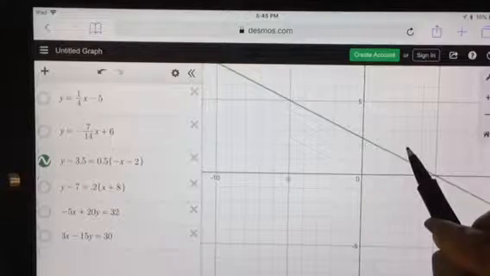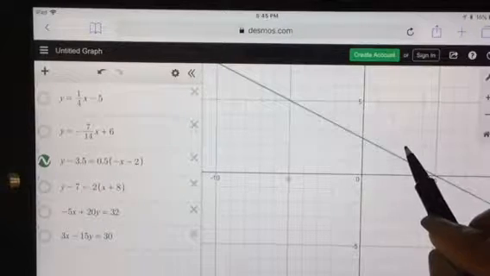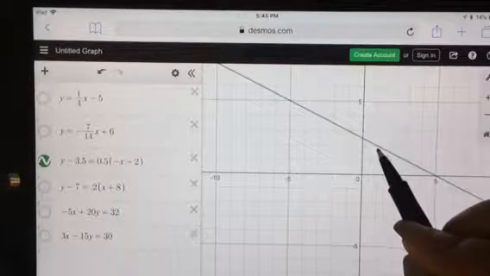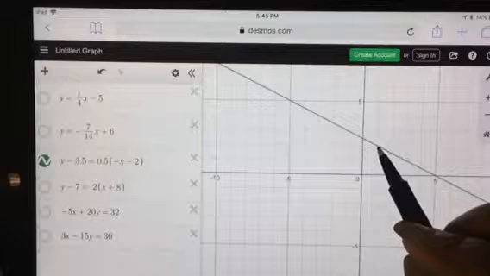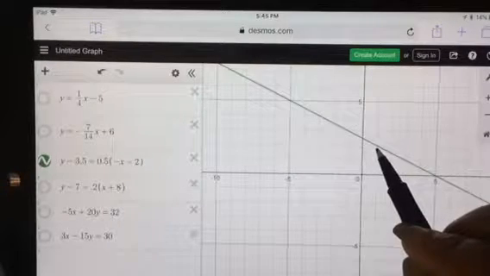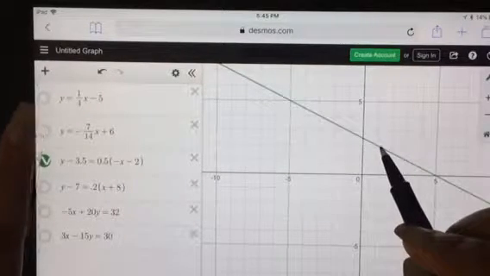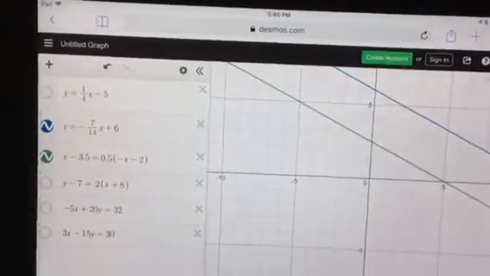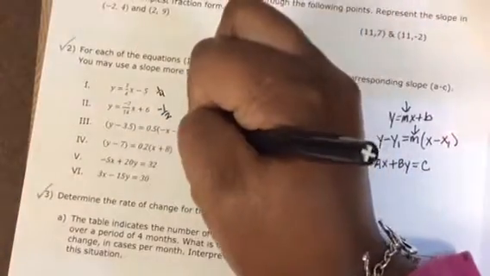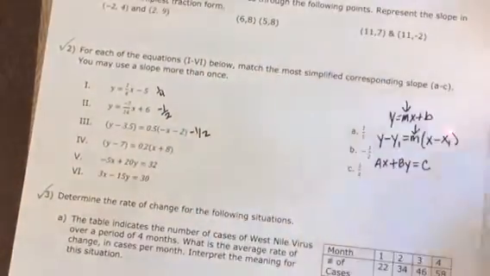So I'm going to rise 1 and run backwards 2. Oh, I got a negative 1 over 2. Let's see if this one and the one before it are parallel. And they are. So those two have the same slope of negative 1/2. So this one's negative 1 over 2.